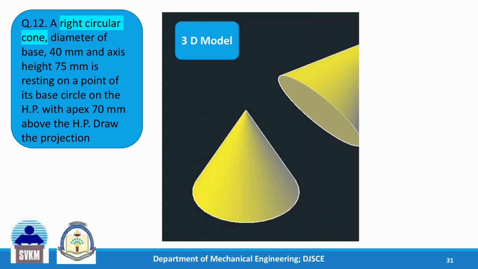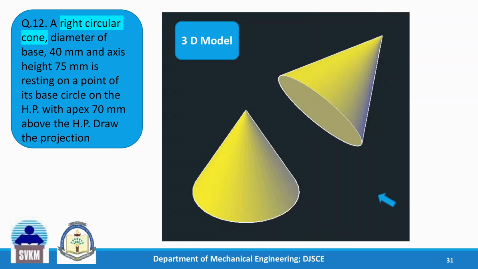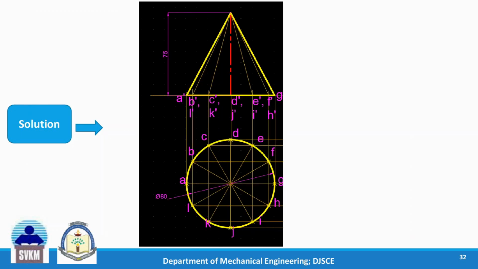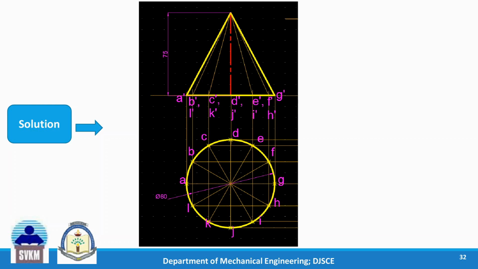Second step, we will tilt it so that this apex is 70 mm above XY, and then reproduce the corresponding view by taking projections. So first step, the axis is taken perpendicular to HP. So in the top view we get the circle, in the front view we get this triangle.